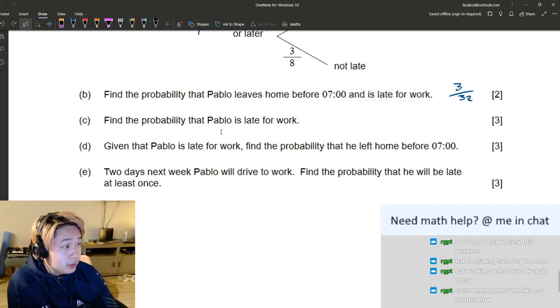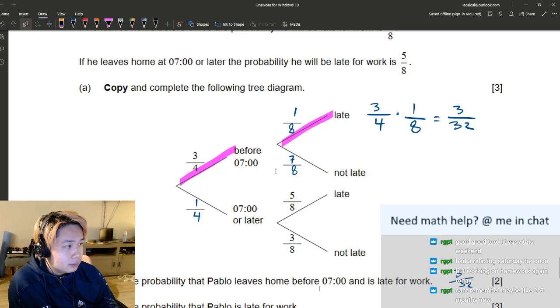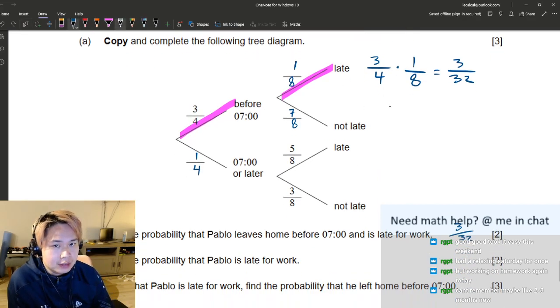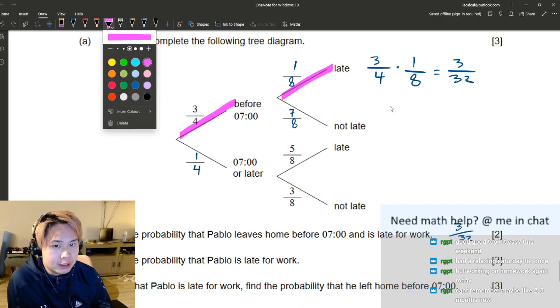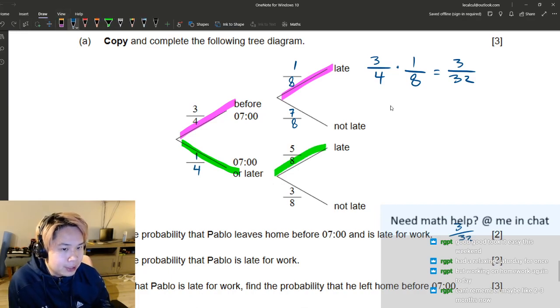Okay, next up, we need to find the probability that Pablo is late for work, period. So we found out one option for him being late. However, there is a second option, and that's if he were to leave at 7 or later, and then he still ends up being late. So this probability, it's the same as the one we just did. We multiply the two events together.